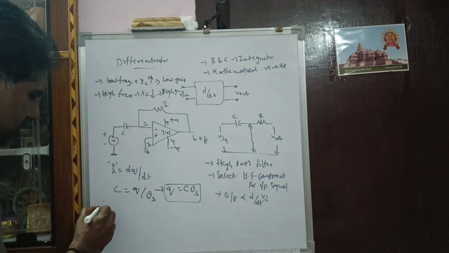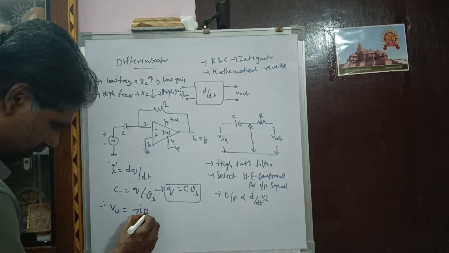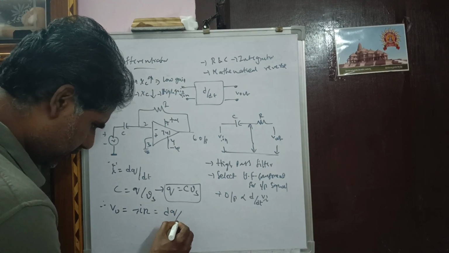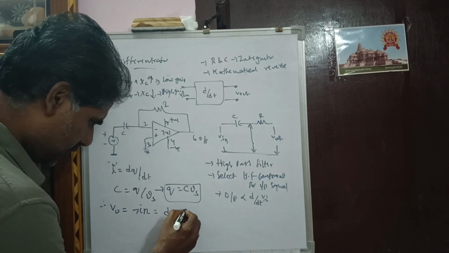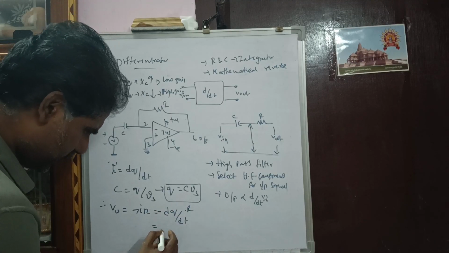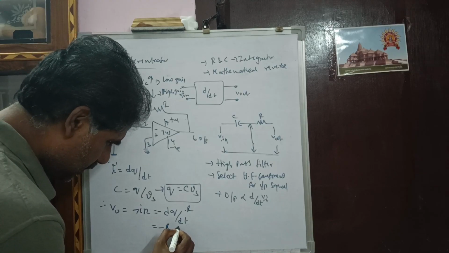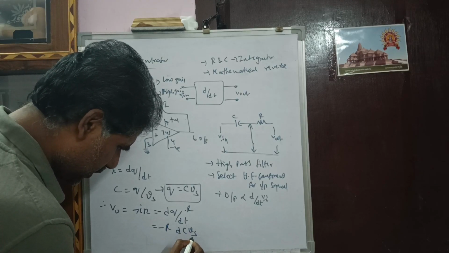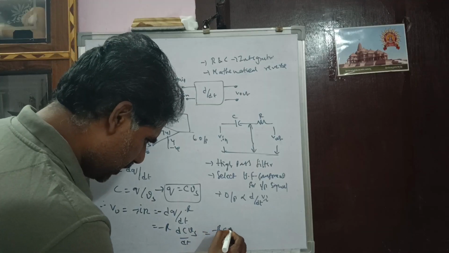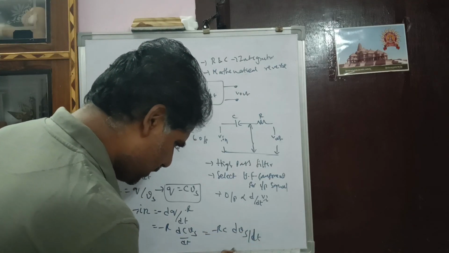The output voltage V naught is minus IR, where I is dq by dt, into R. Substituting Q, it is R into d of CVs divided by dt. Moving C to the front, it is C into dVs divided by dt.